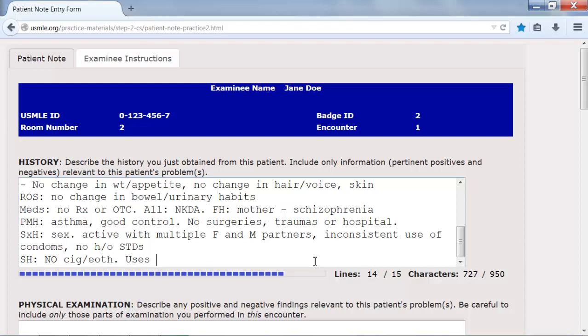And let's say this patient uses recreational drugs, and you have to specifically ask him what kind of drugs, and last intake.